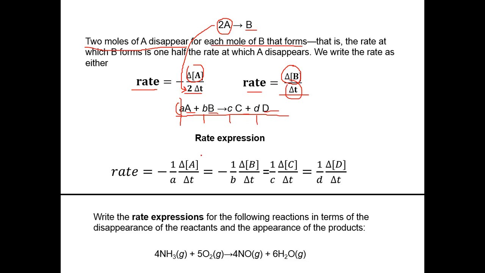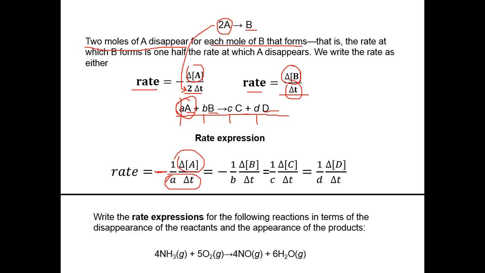How do we write the rate expression? We can write it this way. The disappearing of A, delta A over a times delta T, and we have a minus because it's disappearing.